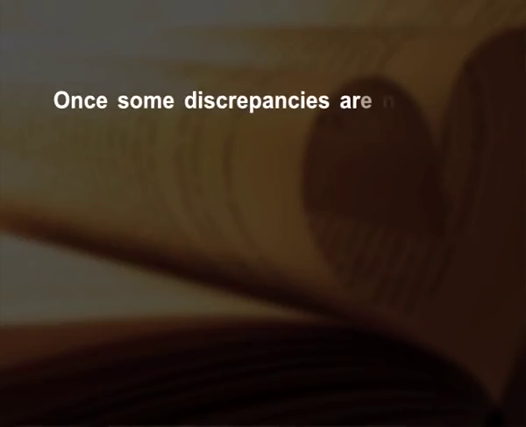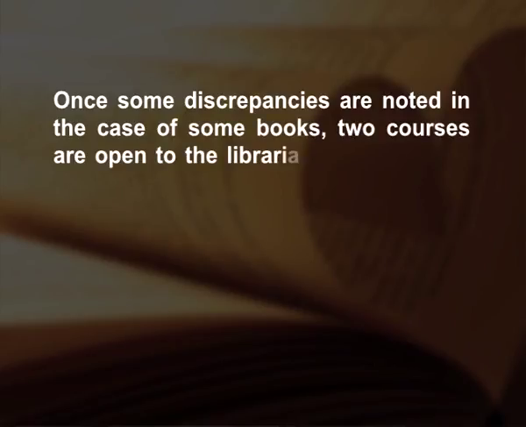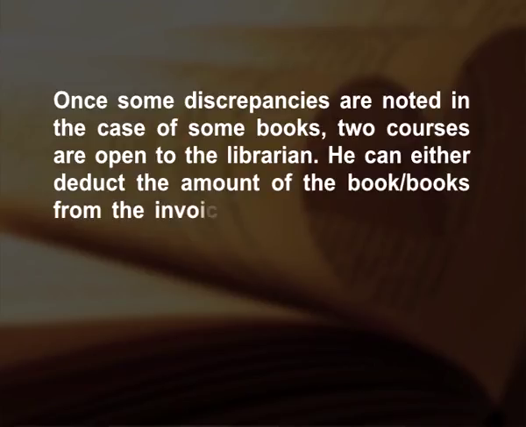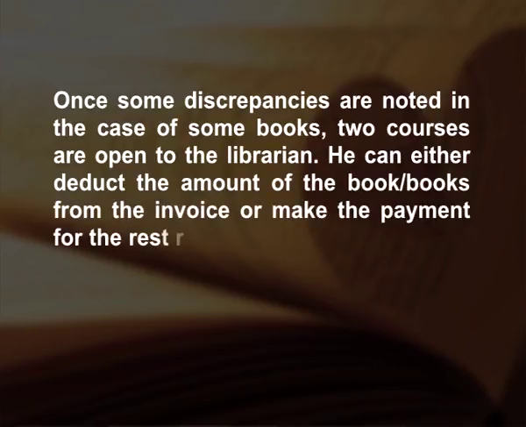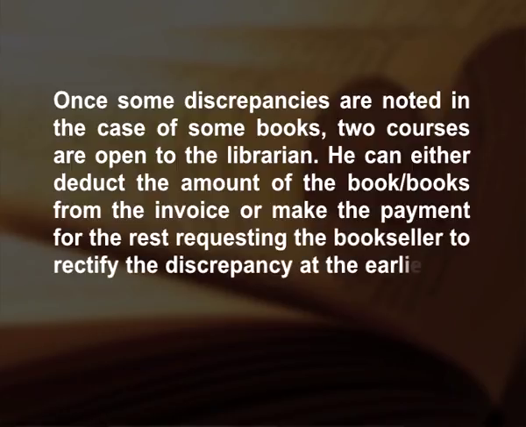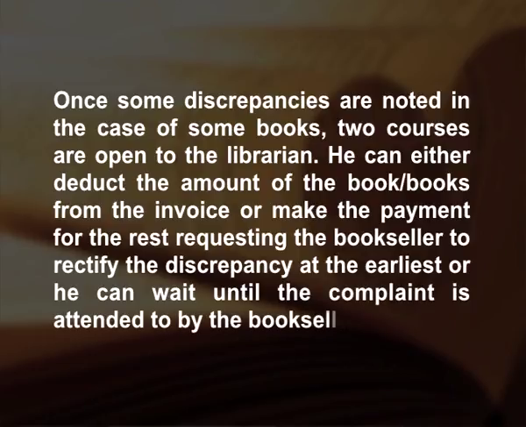Once some discrepancies are noted in the case of some books, two courses are open to the librarian. He can either deduct the amount of the book or books from the invoice or make the payment for the rest, requesting the booksellers to rectify the discrepancy at the earliest, or he can wait until the complaint is attended to by the bookseller.